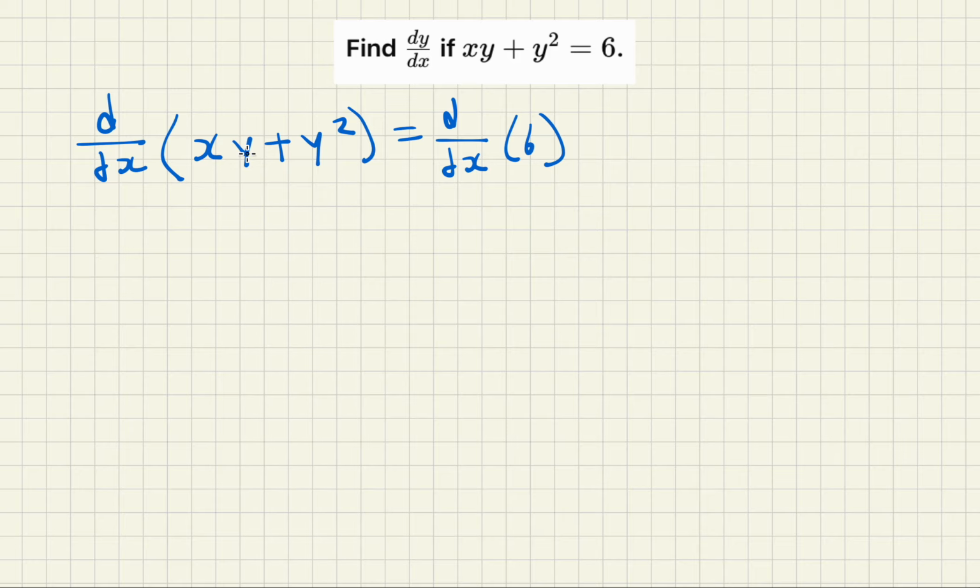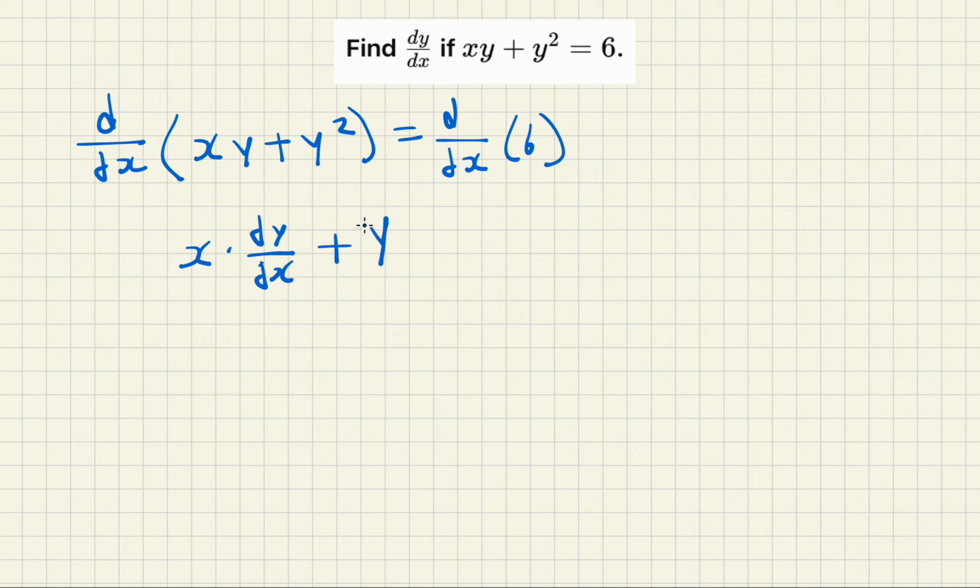Now differentiating here, we notice that this requires a product rule because it's x times y. So we can do x times the derivative of y, which is x times dy over dx, because the derivative of y with respect to x is dy over dx, plus, because we're doing the product rule, y times the derivative of x, which is 1.